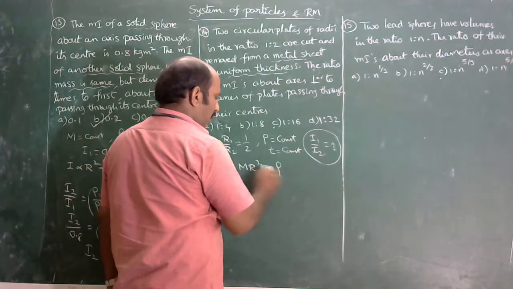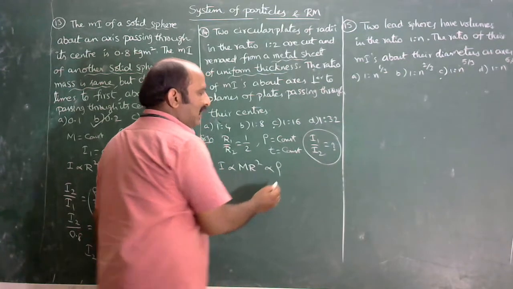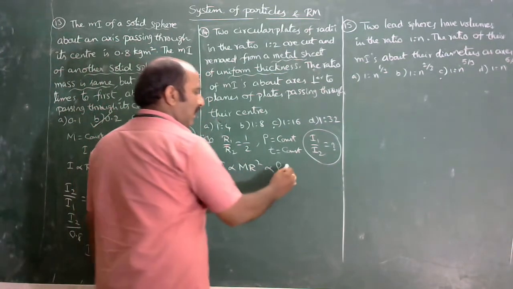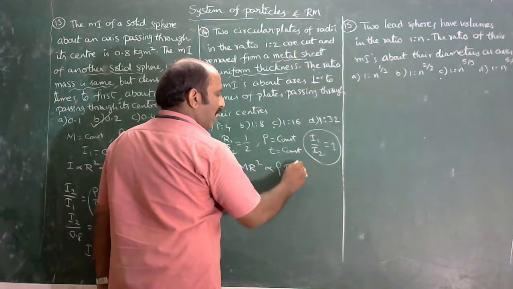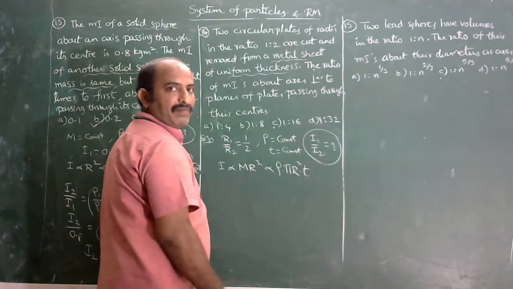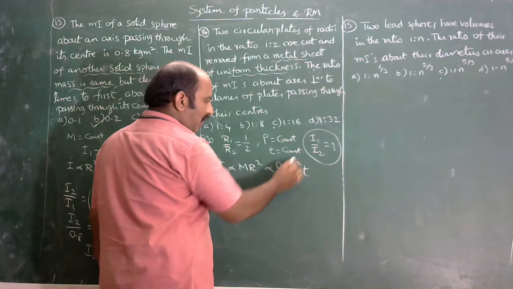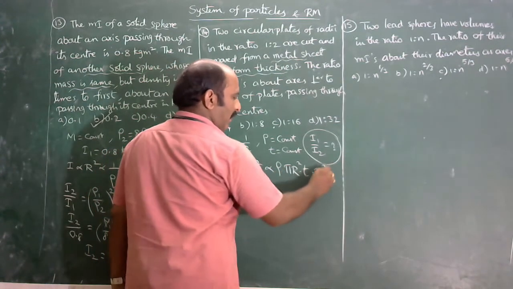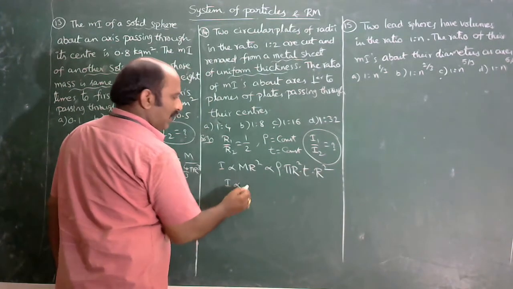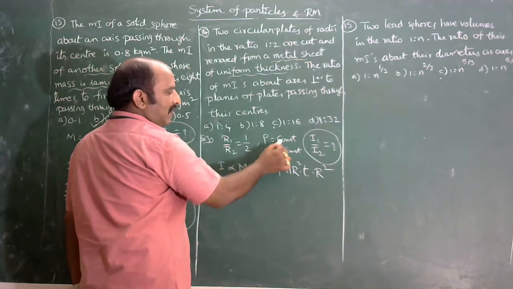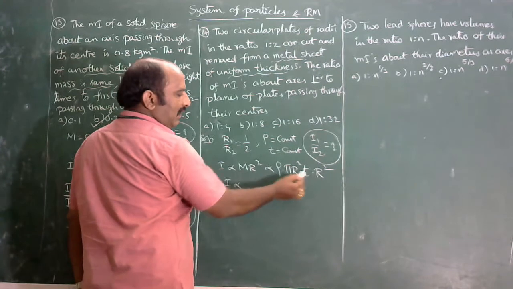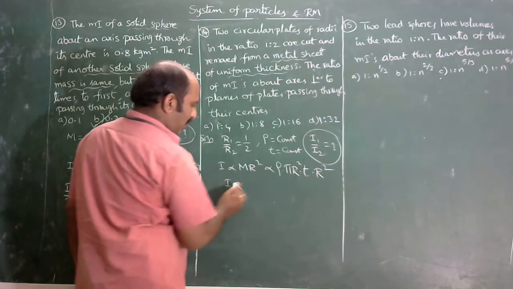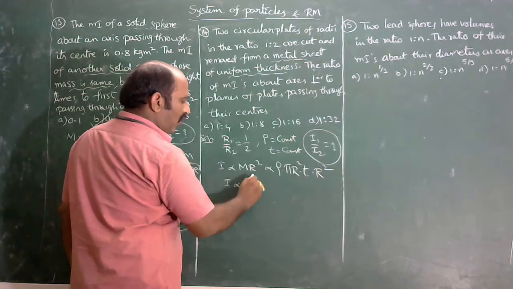Here a disk is there, and the volume of the disk is the area of cross section, pi r square, into thickness. So mass is density into volume. Here I is proportional to r square, since rho is constant for the same material and thickness is also constant by the problem. So finally we get I proportional to R power 4.